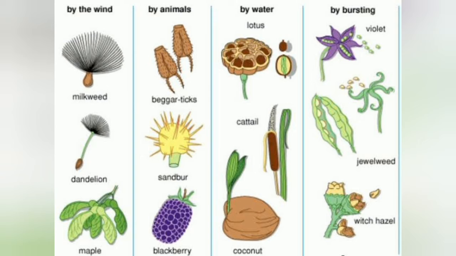Nature has different means of scattering the seeds far away from the main plant. This process of scattering or spreading of seeds far and wide is known as the dispersal of seeds.